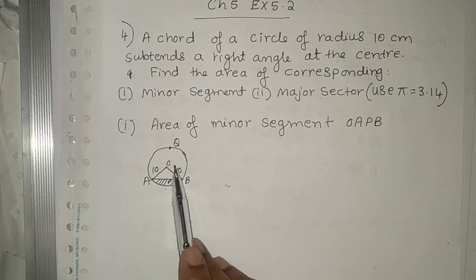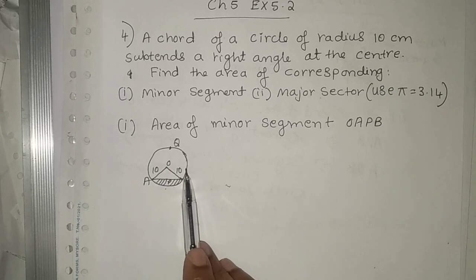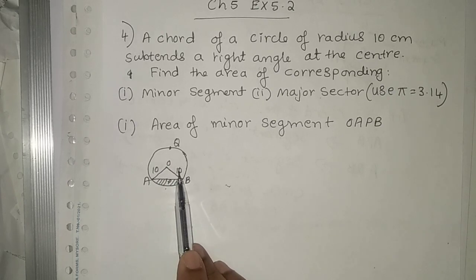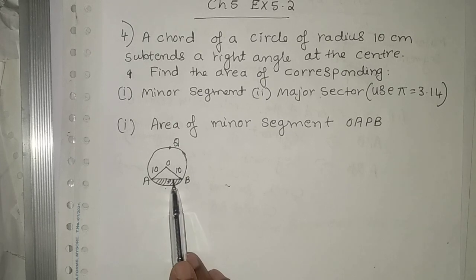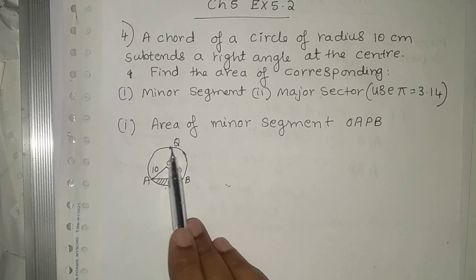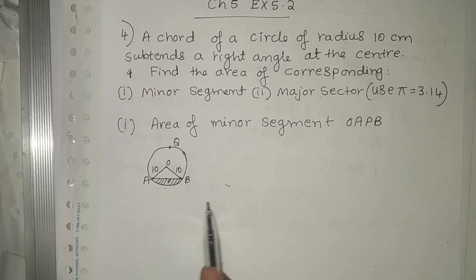So the chord is this one, a chord of the circle of radius 10 centimeters subtends a right angle at the center. So find the area.